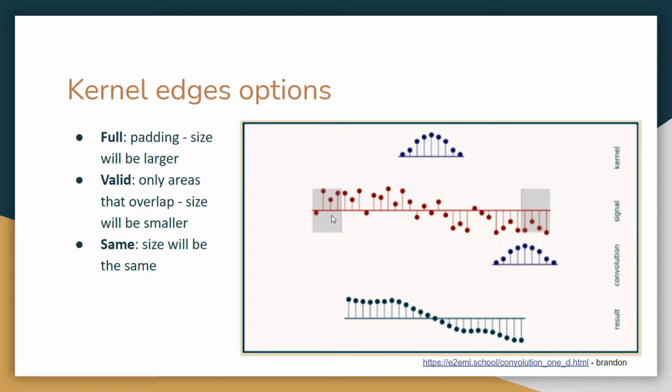If you were doing a full padding, you could add some zeros on the other side, and then go all the way from side to side, and your resulting convolution will be much larger. Another option, what we did previously, is called valid padding, where the filter only slides where it and the signal completely overlap. And I think what's shown here is a same type padding, where there's a reflection of the signal across the area of the original signal.